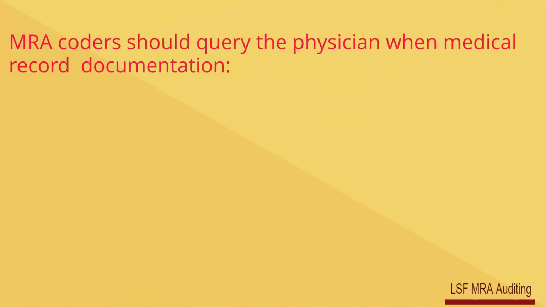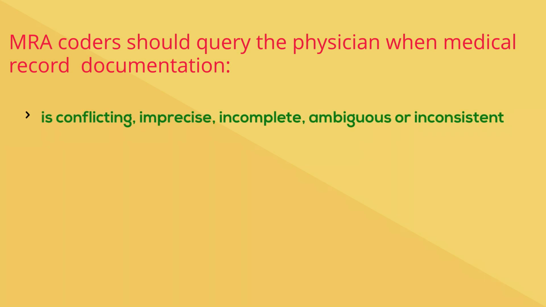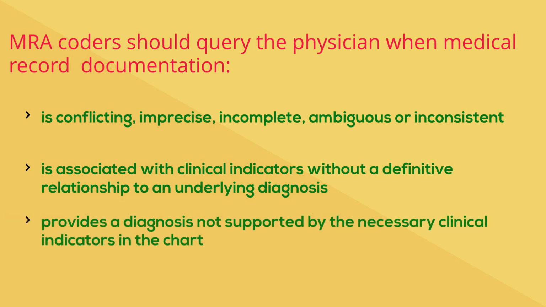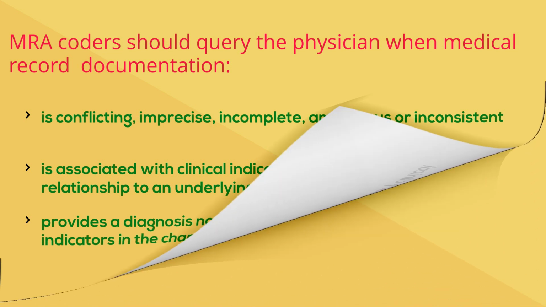Risk adjustment coders should query the physician every time the medical record documentation is conflicting, imprecise, incomplete, illegible, ambiguous, or inconsistent, is associated with clinical indicators without a definitive relationship to an underlying diagnosis, or provides a diagnosis not supported by the necessary clinical indicators in the chart.